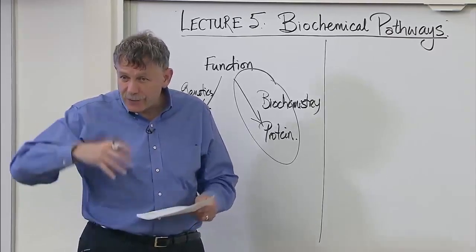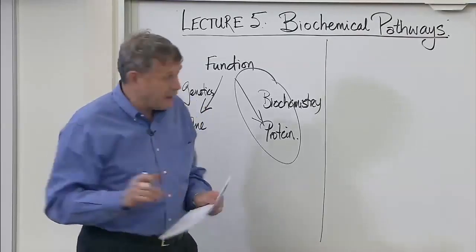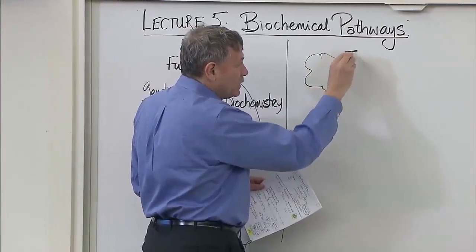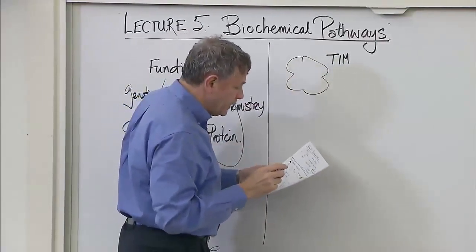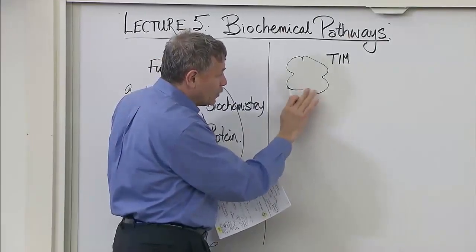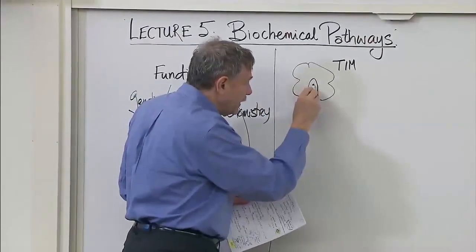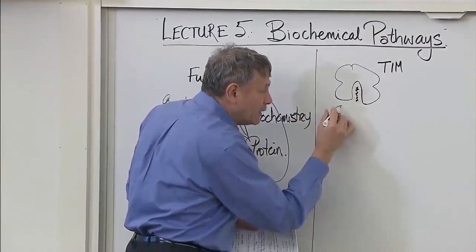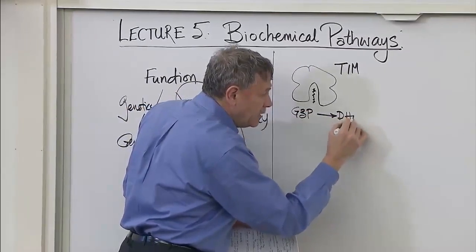We understand how their various chemical properties control the shapes of proteins. We've talked about our enzyme triose phosphate isomerase, TIM, amongst friends. And we talked about how triose phosphate isomerase has an active site, and in that active site, it stabilizes that transition state to help us go from G3P to DHAP.